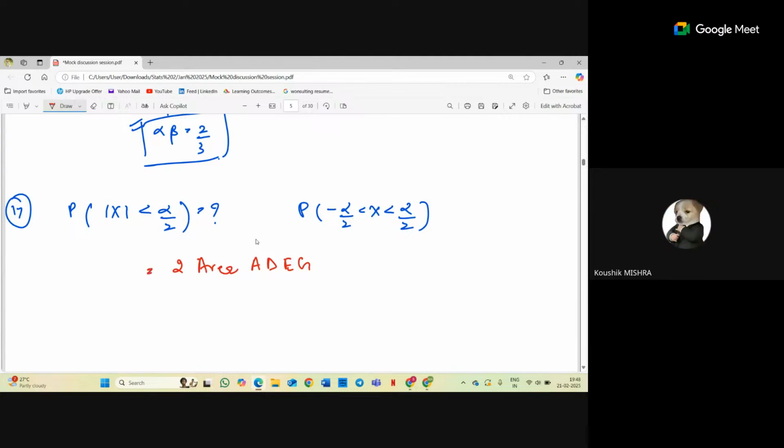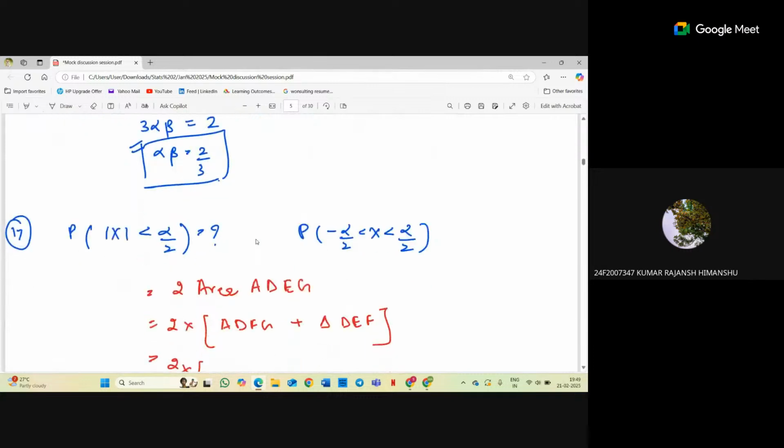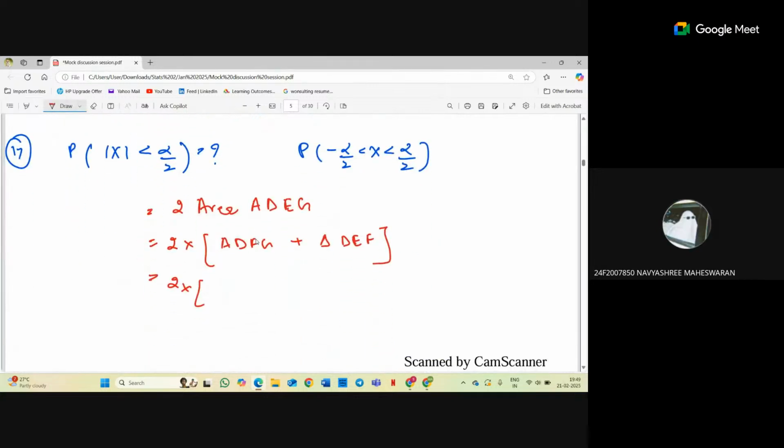Yes, ma'am. Now, this can be written as the area of the rectangle ADFG plus the triangle, which is D, E, and F. Correct? Now, 2 into what is the area of ADEG? This would be base into height. Half beta, and alpha by 2 into beta by 2.